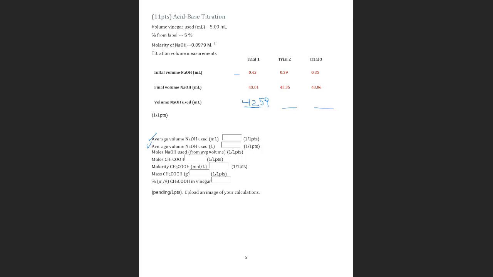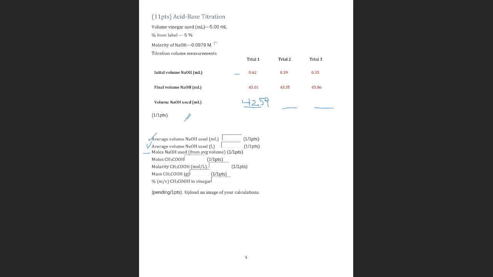So that is easy. How do we calculate the moles of sodium hydroxide used? That's easy also.